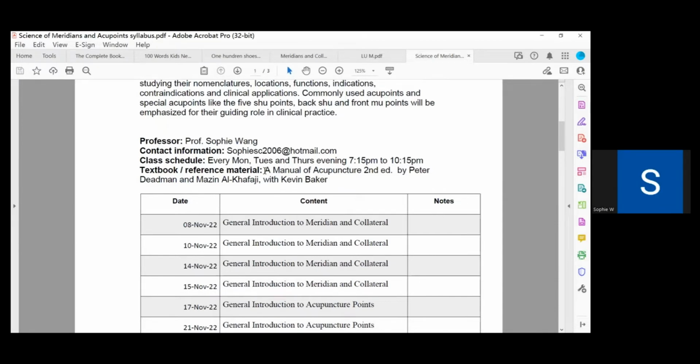You can Google this online, and there is an application, or you can buy the application, or buy the book.